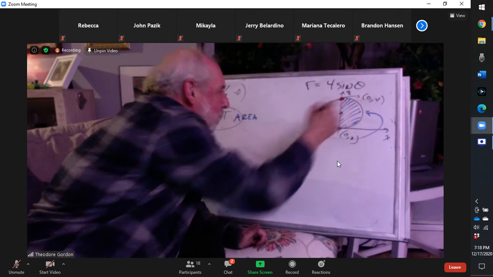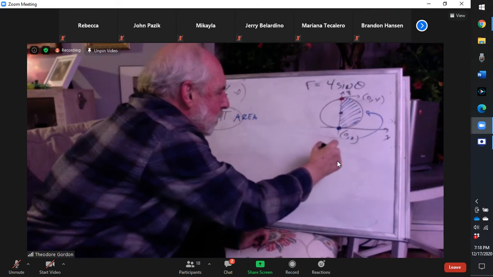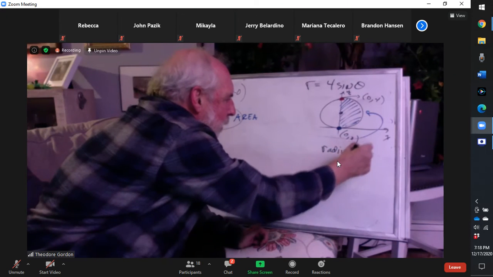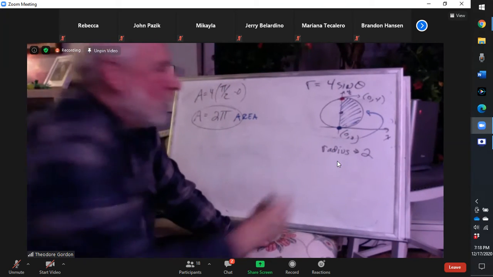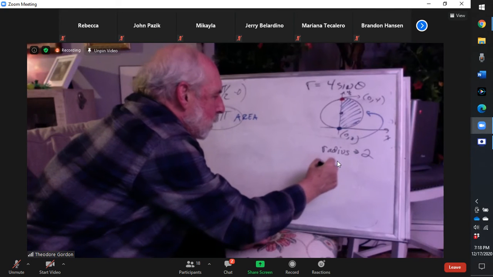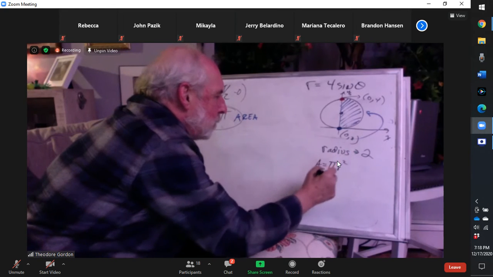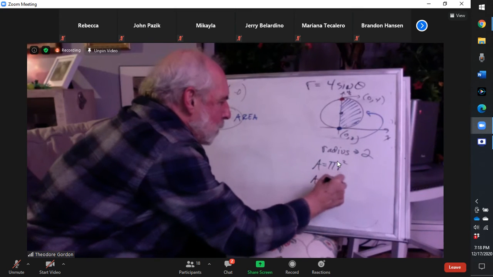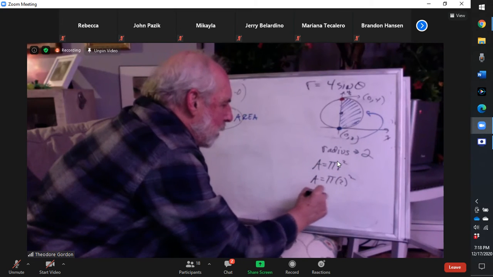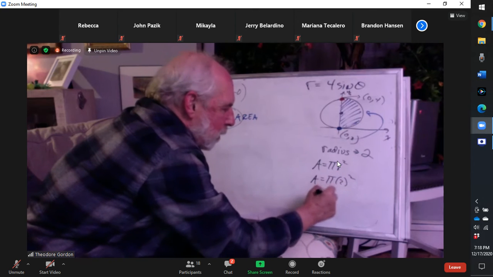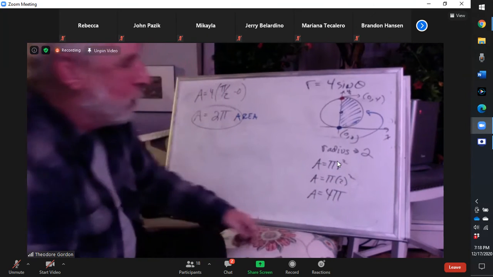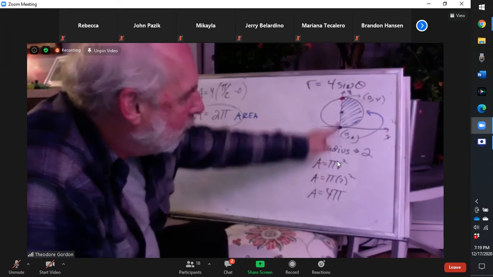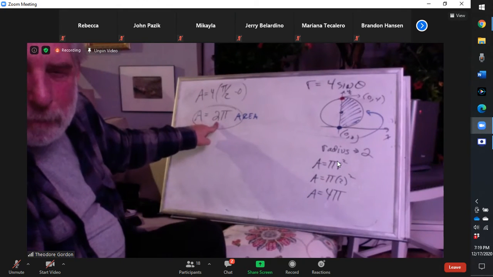And here's the middle. So the radius of this circle is 2. The area of a circle is pi r squared. So for this circle, the area would be pi times 2 squared. 2 squared is 4. The area of the whole circle is 4 times pi. Half of the area is 2 pi.